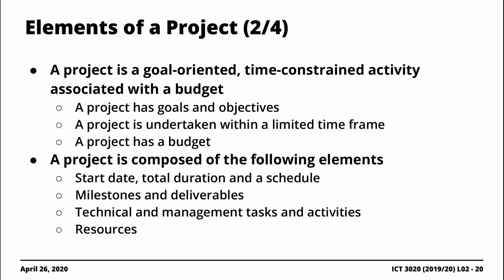The goal is always to make sure that you do not go over budget, that you implement this project within the prescribed duration, and more importantly, to ensure that all the project goals and objectives are met, right? So again, the definition: a project is nothing more than a goal-oriented, time-constrained activity associated with a budget, right?